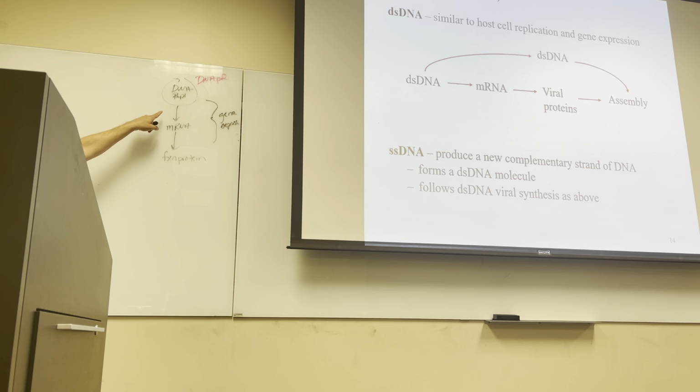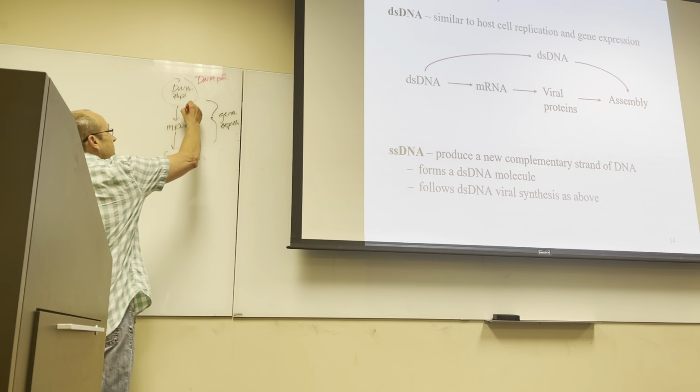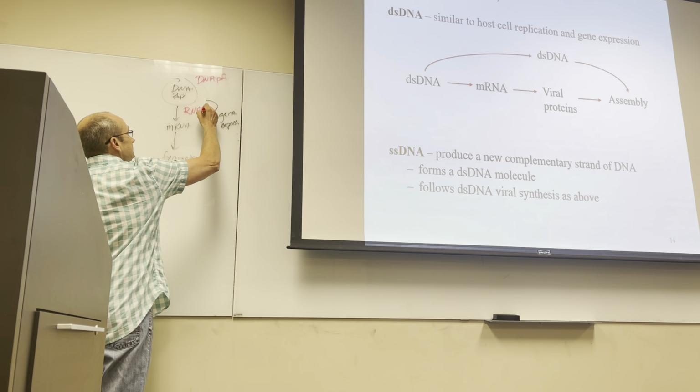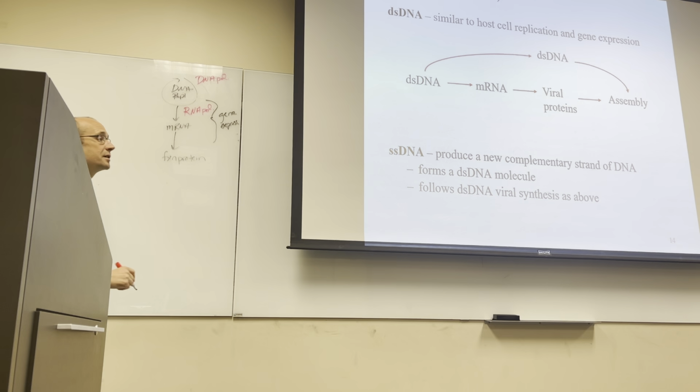The major step in transcription, one of the major steps in gene expression, we use an RNA polymerase. RNA polymerase is DNA dependent, binds to DNA, but produces an RNA molecule. So it is a DNA-dependent RNA polymerase. And those are the two major enzymes that we have that are working with replication and gene expression.